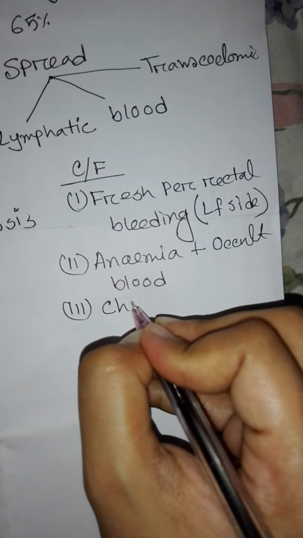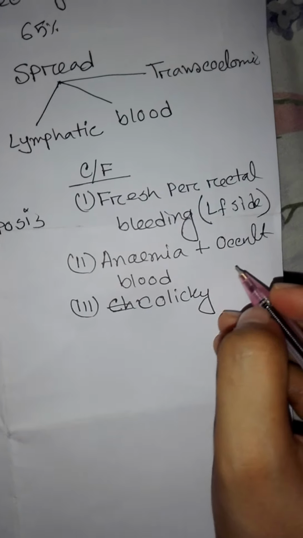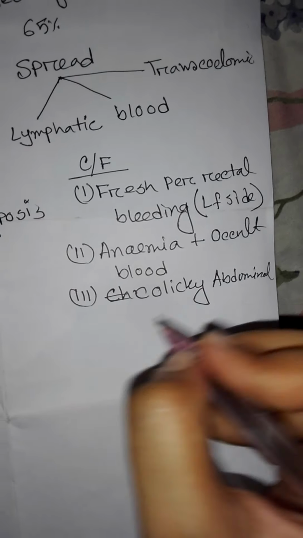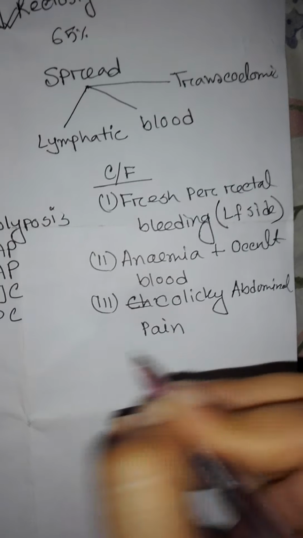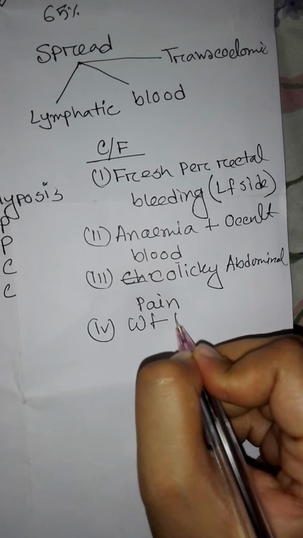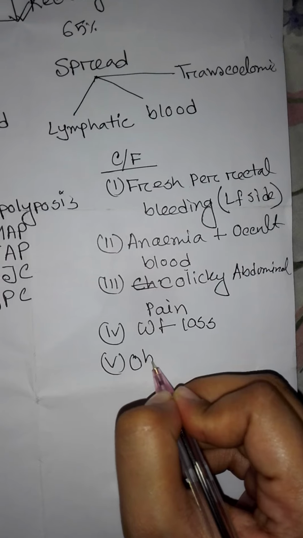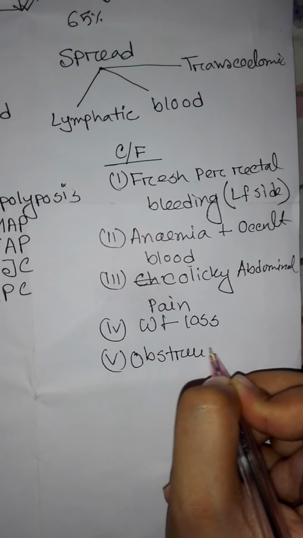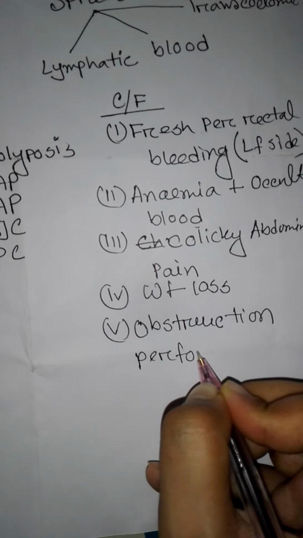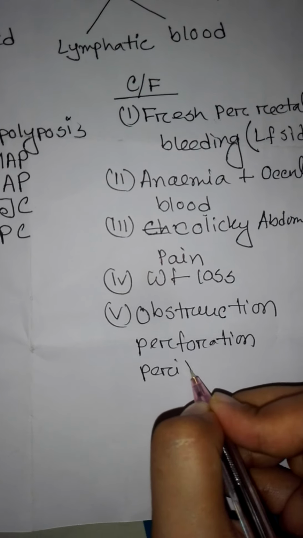Third is colicky abdominal pain. If any cancer occurs, then weight loss may be found. Another is obstruction, perforation, peritonitis.